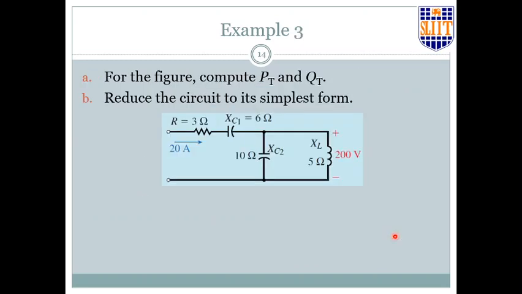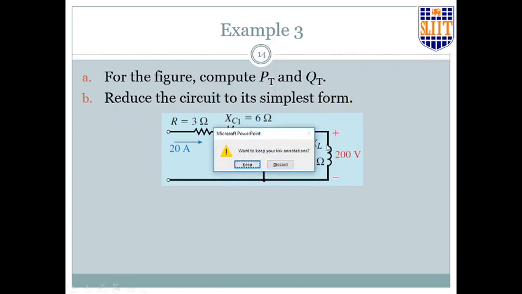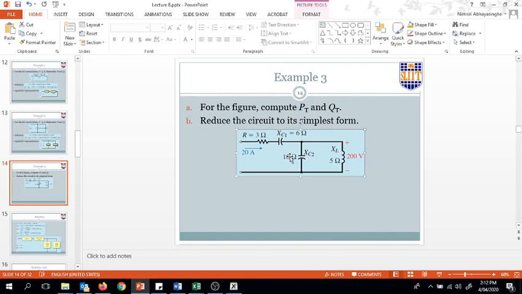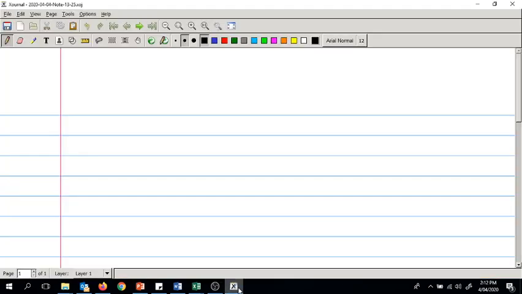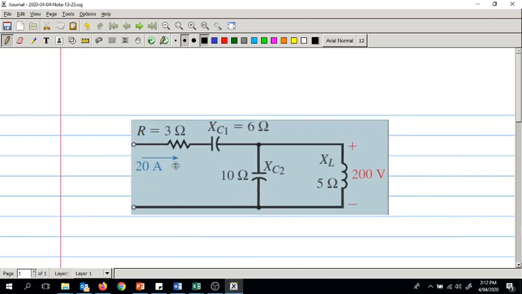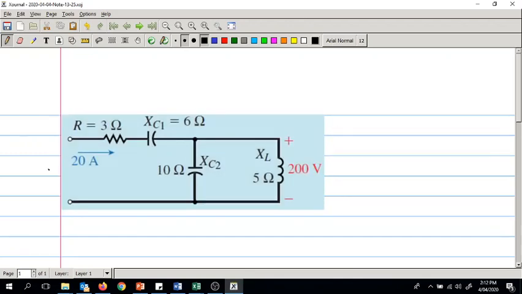Okay, now let's find, for the circuit in the figure, PT and QT, right? And we can actually change this to a simplified circuit. Okay, so we have a resistor here, right?